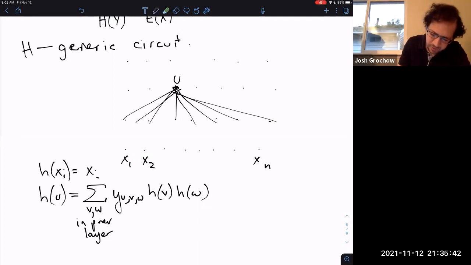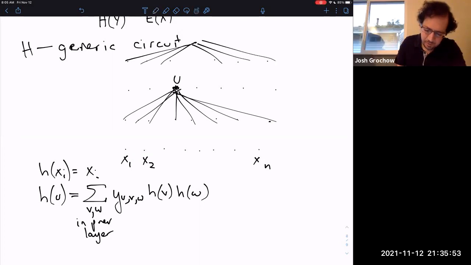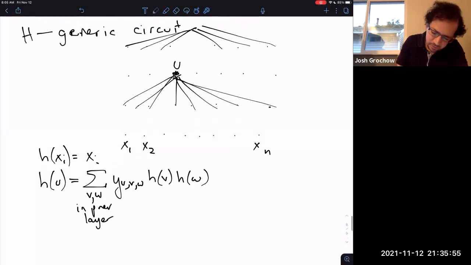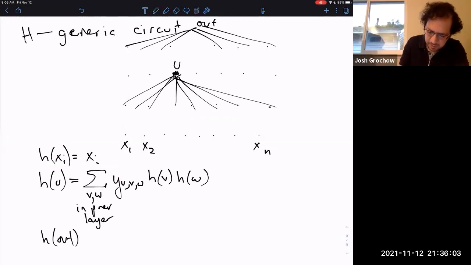So our variables here in this H are the x's and the y's. At the end, there's one output, which has the same form. The final layer has one node, and we call this out. If you unravel all of these things, h of out is a polynomial in the x's and the y's.